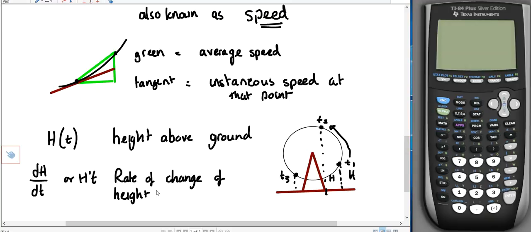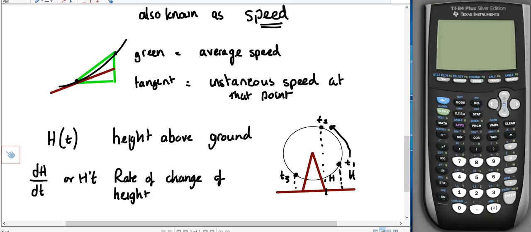So what would that be with a Ferris wheel? If I increased the rate of change of height what would that tell me about the wheel? The speed that it's... Well, when you say speed, you mean how fast it's turning, yeah? Right? And they call it in the book the rate of ascent.